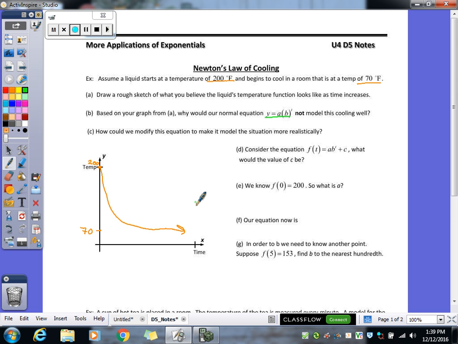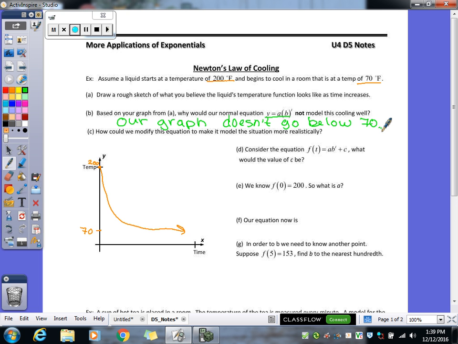Our graph, though, gets closer and closer to what? 70. So a times b to the t does not work because our graph doesn't go below 70. So that's why our normal equation doesn't work.